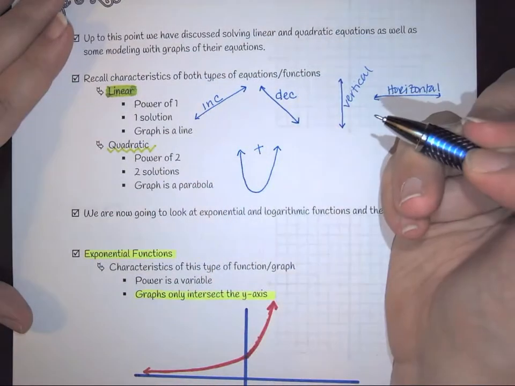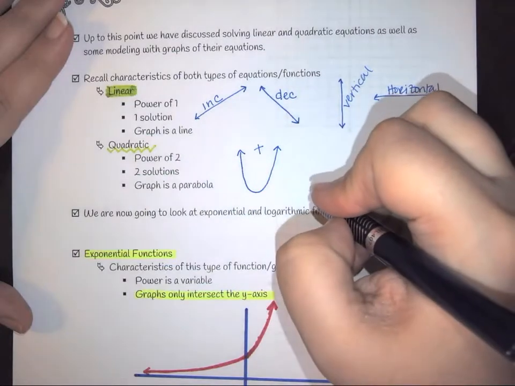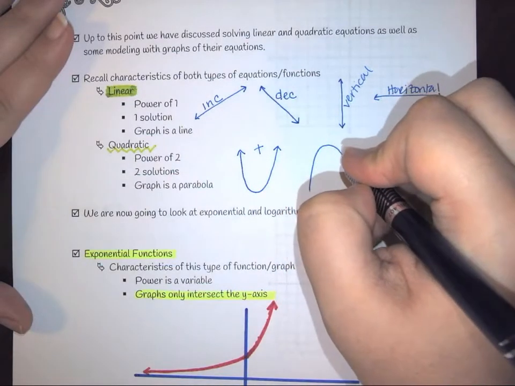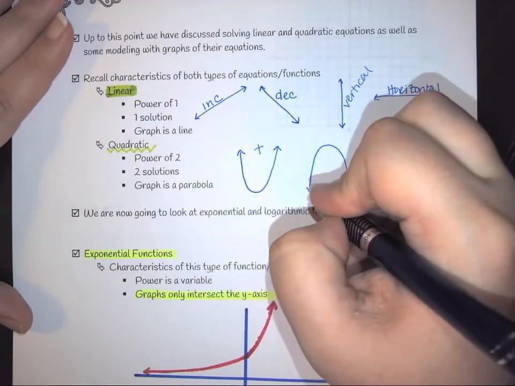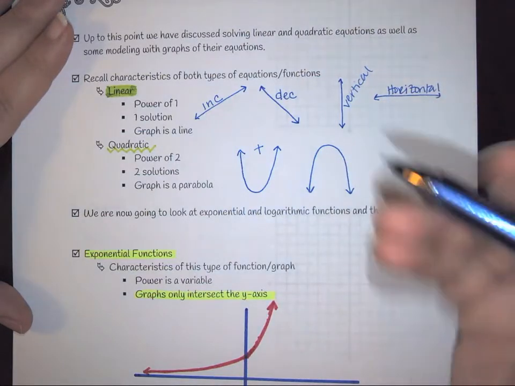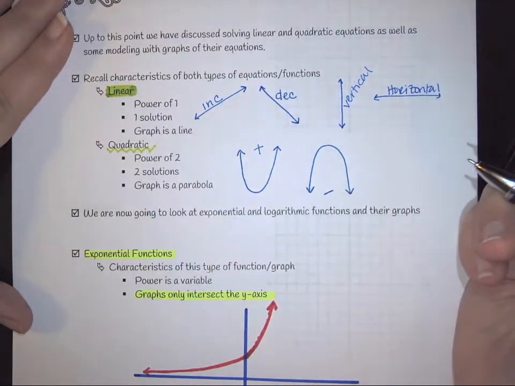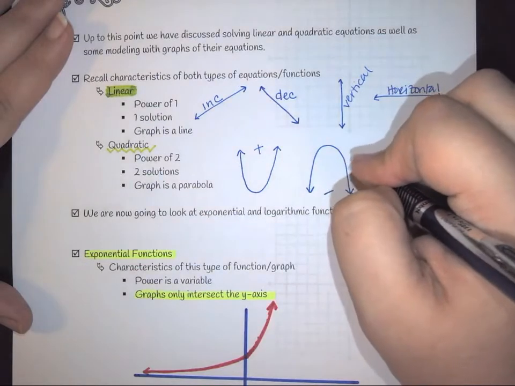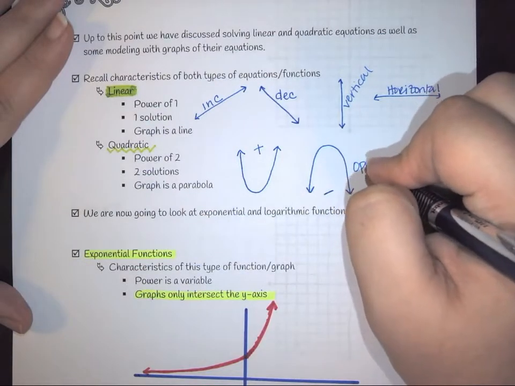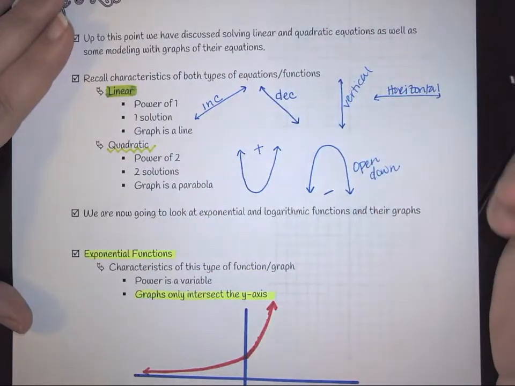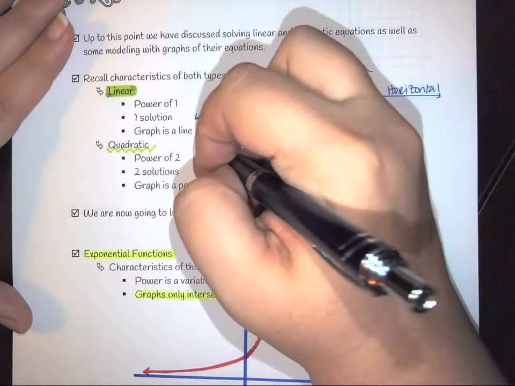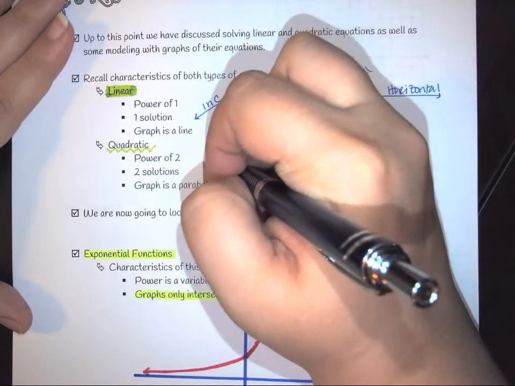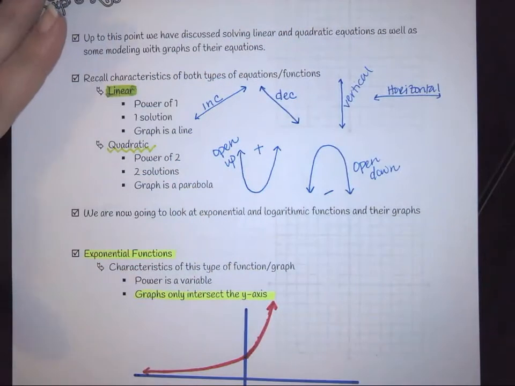This means positive. Or we have your parabola where the arrows point down to the bottom of your page, and this would be negative. Okay, so here negative would be that it opens down, whereas positive would mean that we open up.